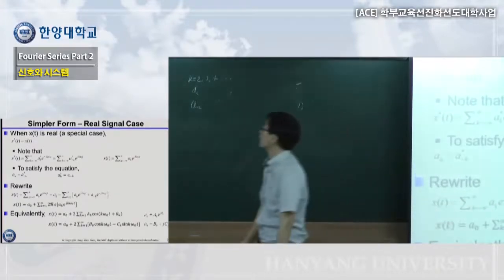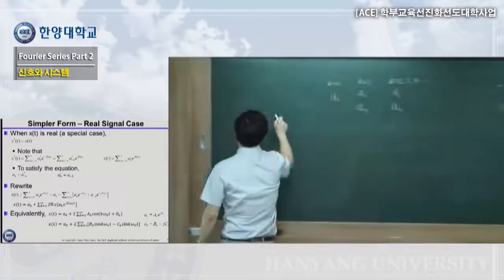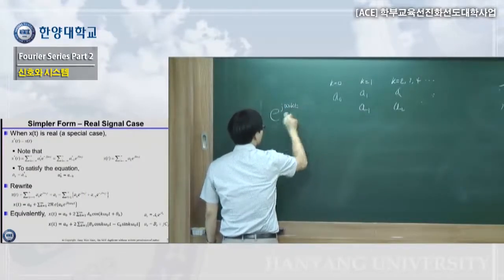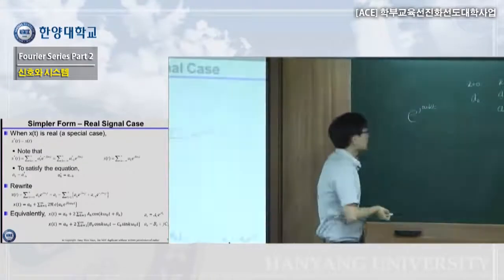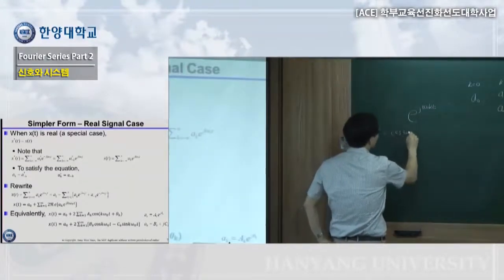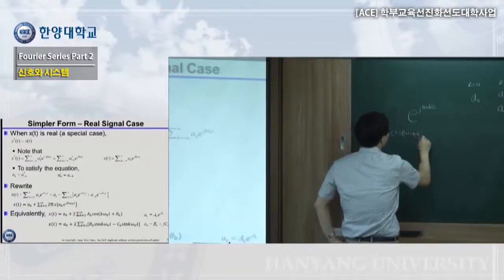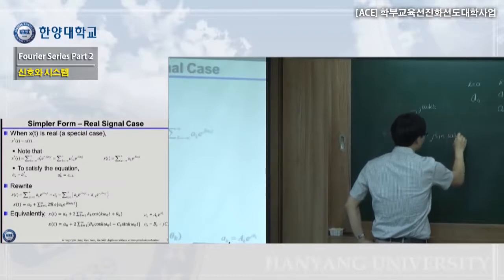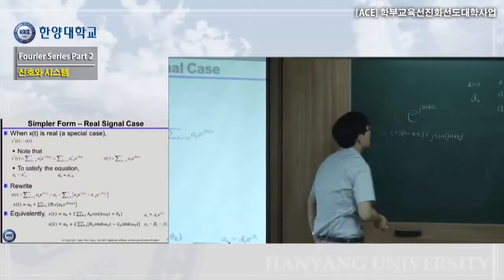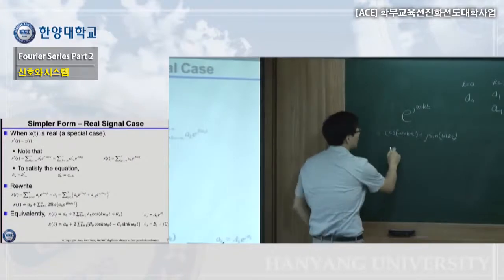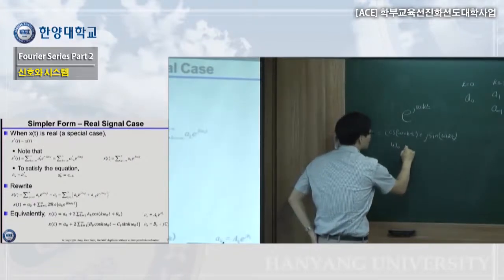If you see here, they look like e to the j omega 0 kt, such a form, right? So if you divide it into cosine omega 0 kt plus j sine omega 0 kt, the frequency component will be omega 0 times k.